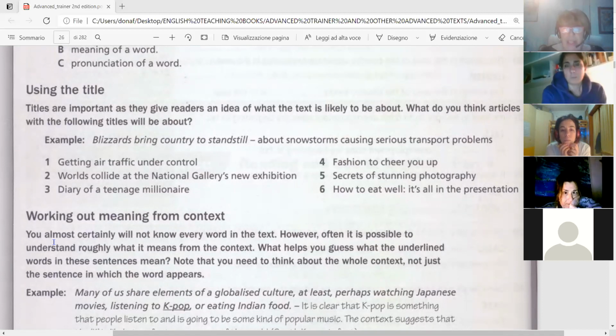The secret of stunning photography, that is information actually on how to take good photos. Yeah. And the last one, what is it? Oh, how to eat well. It's all in the presentation. That is nice. That is for you, Francesca. Why?